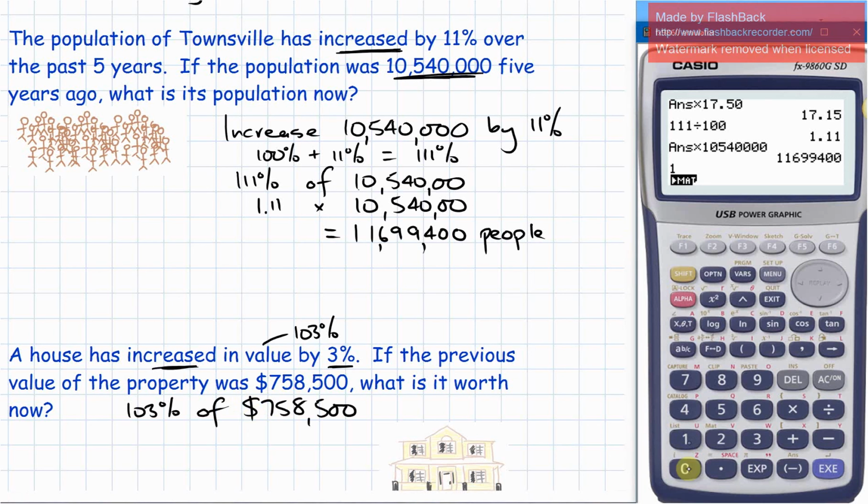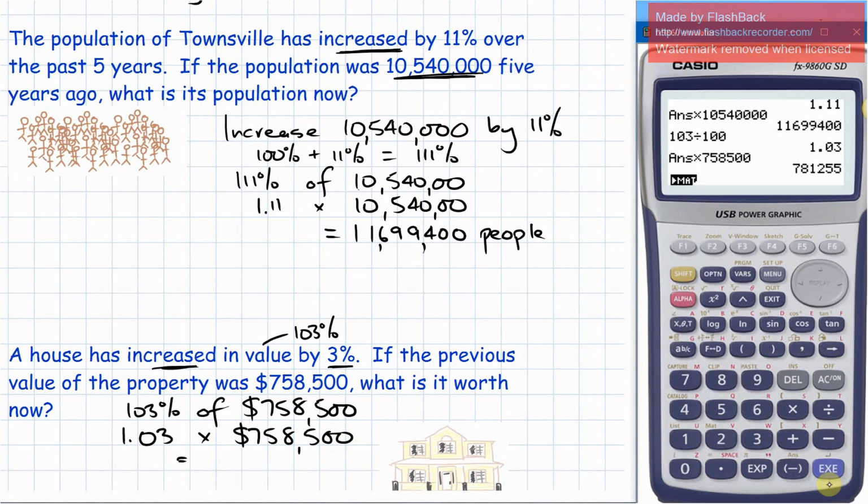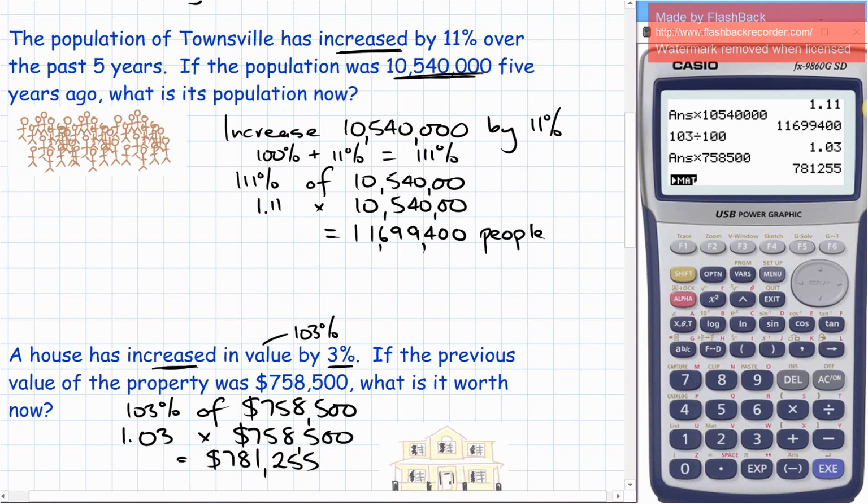So 103%, divide that by 100, you get 1.03 times 758,500, $781,255. And that's the new value.